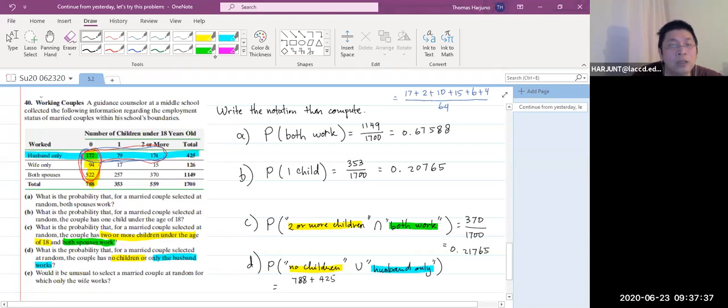But you notice that this 172 is added twice, right? So I have to subtract that once so that it is only counted once.